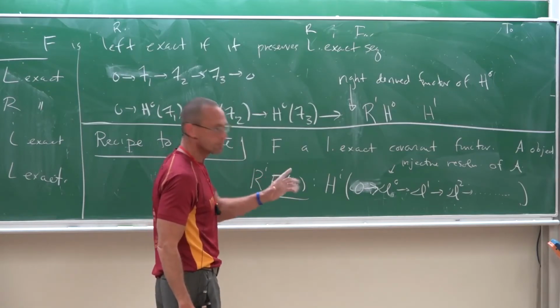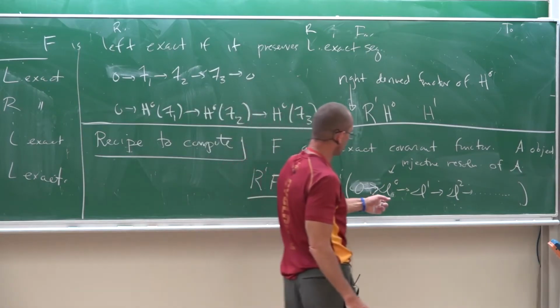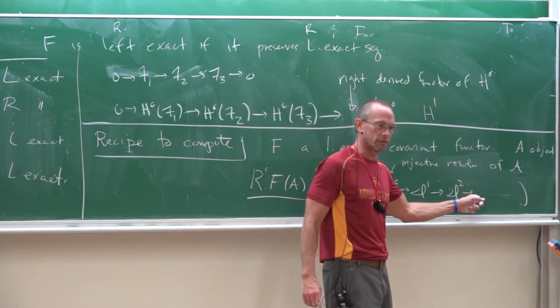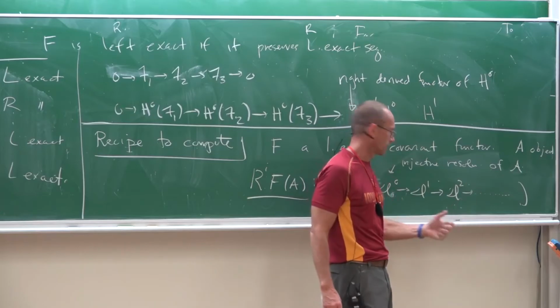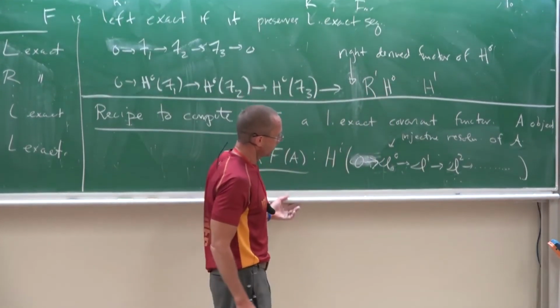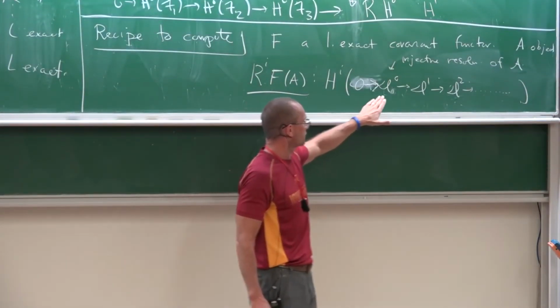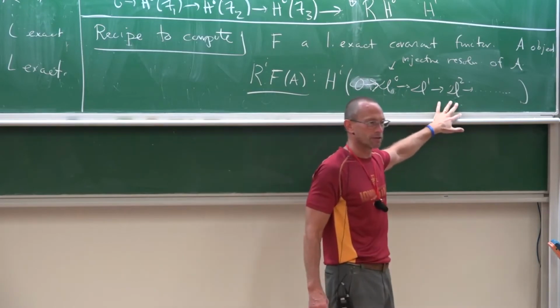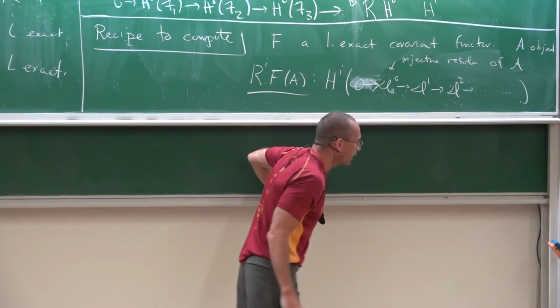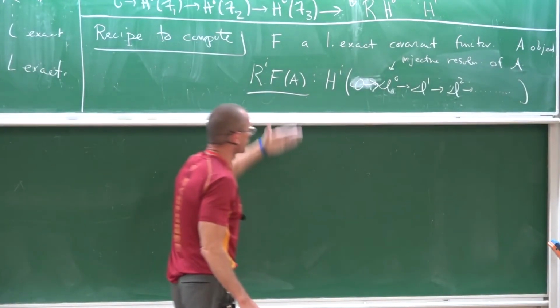So your objection, which you should make, is, number one, is this even well defined? What if I take a different injective resolution? It's an exercise that it doesn't depend on the choice of injective resolution. The more unpleasant point is that you're never going to be able to find injective resolutions, but it doesn't matter because these things are good theoretically. So that's the definition.